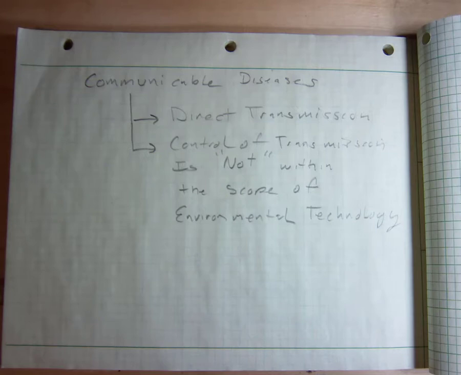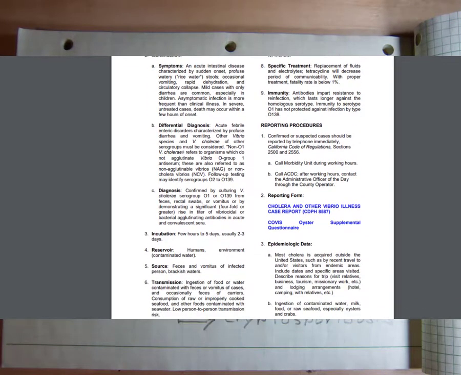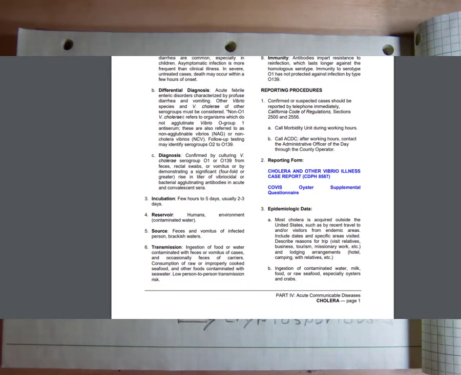The basic sanitary principles and environmental technology that are applied have virtually eliminated serious outbreaks of these types of diseases in technologically developed countries. Waterborne and foodborne diseases are also called intestinal diseases because they affect the intestinal tract of humans.